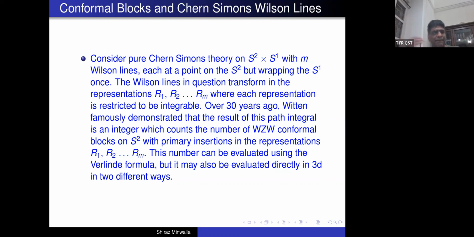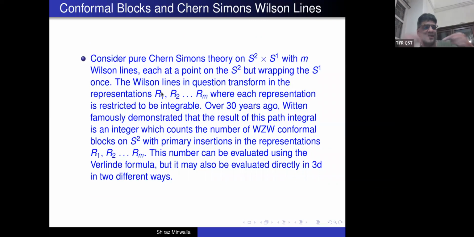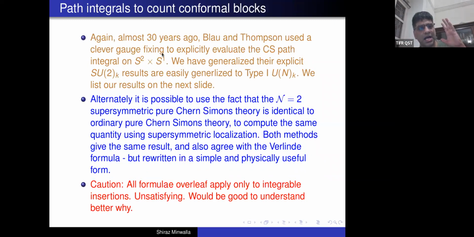The same number can be computed directly using three-dimensional physics in a couple of other ways. One way is to follow the path integral evaluation of this quantity with Wilson loops on S2, done by Blau and Thompson in a beautiful paper written almost 30 years ago.